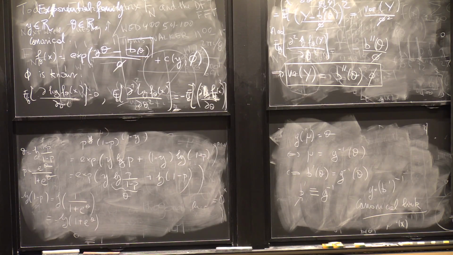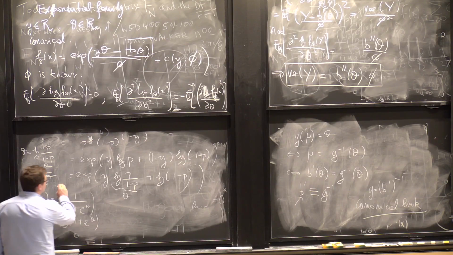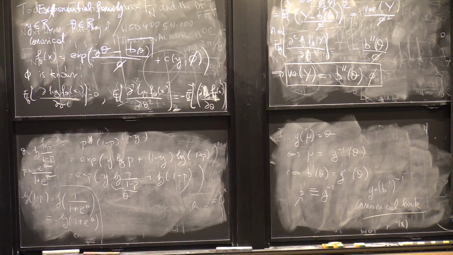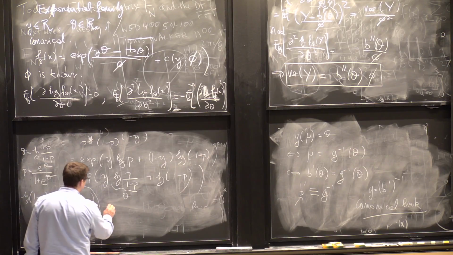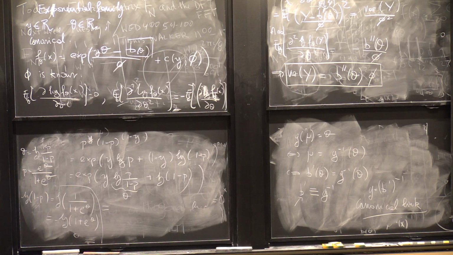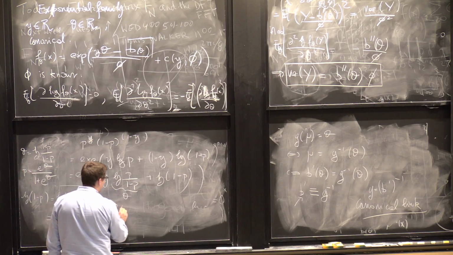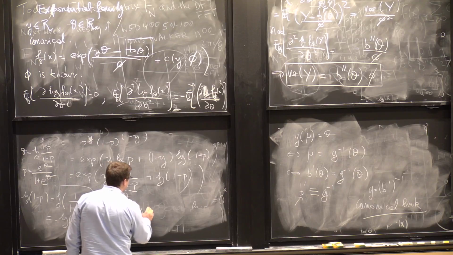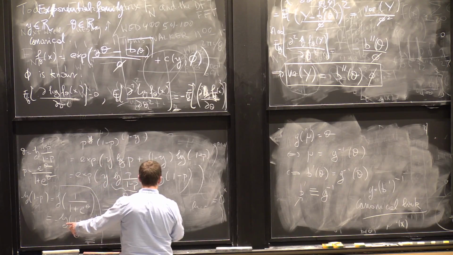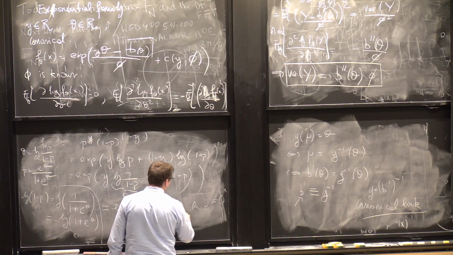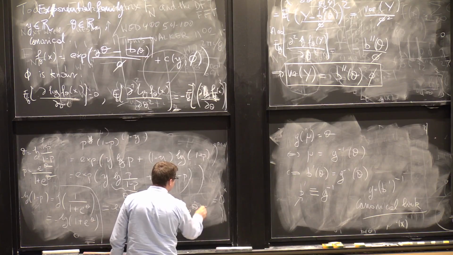So I'm going a bit fast, but these are very elementary manipulations. Maybe it requires one more line to convince yourself, but just do it in the comfort of your room. And then what you have is the exponential of y times theta, and then I have minus log 1 plus e to the theta.